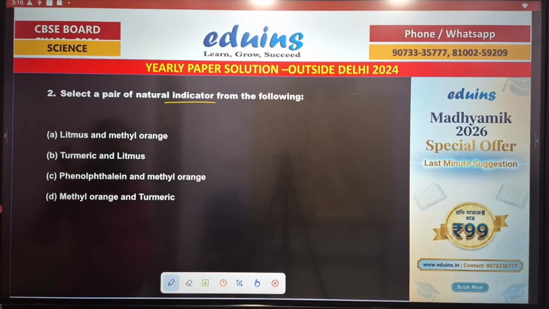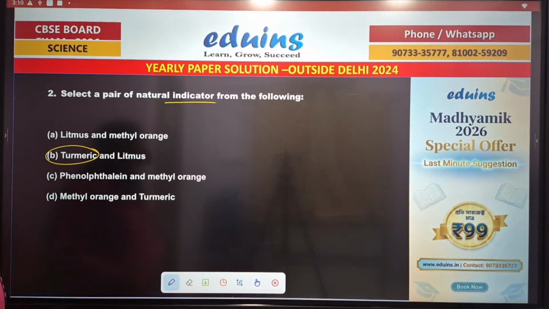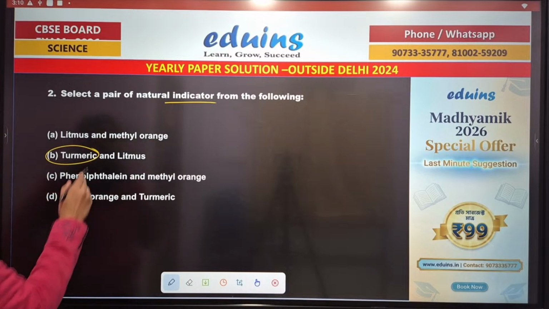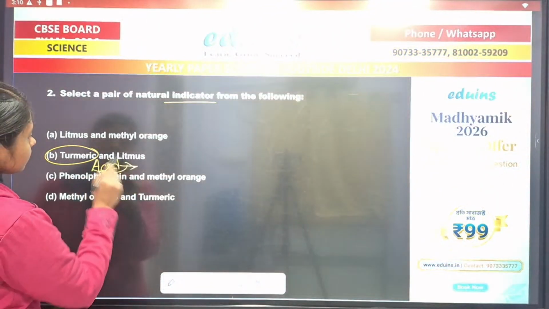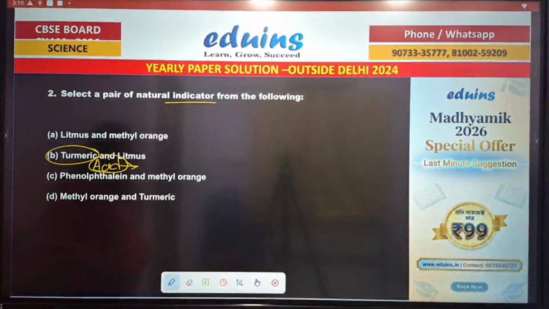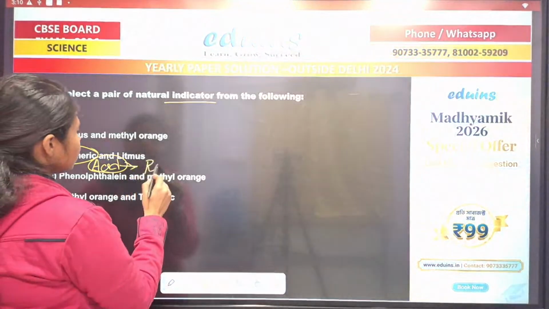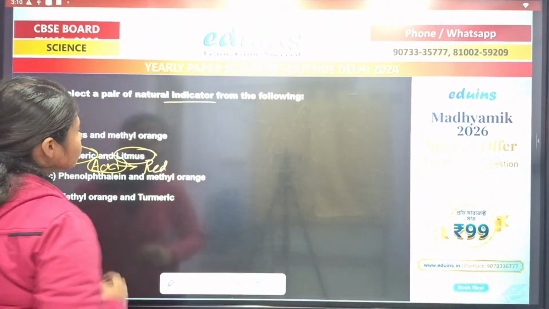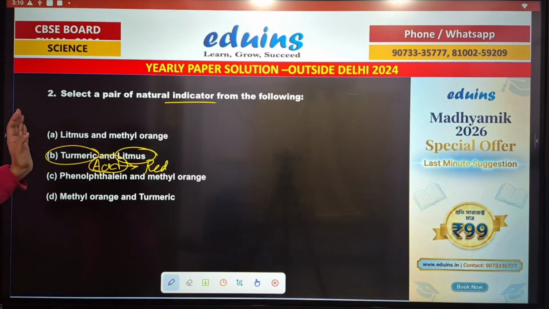So there is turmeric and litmus. Turmeric has curcumin, that means it is a natural indicator. It indicates acid, and the color changes from yellow to red. Litmus is also a natural indicator.